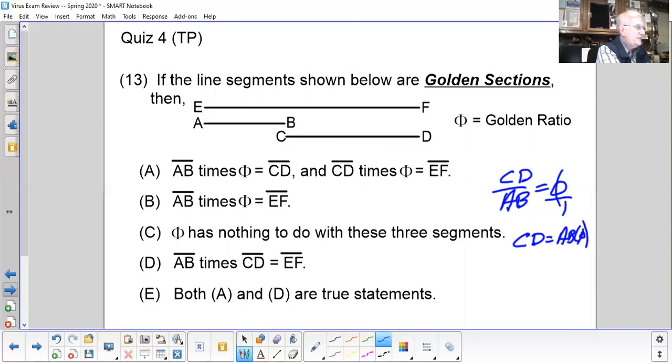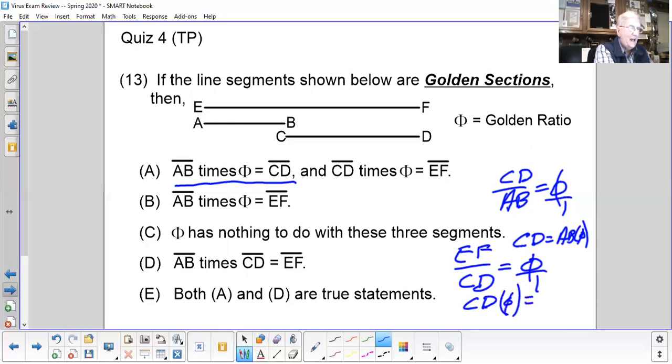And notice that's what this says. Does CD times phi give you EF? If I take EF and divide it by CD, I should get phi. If I stick that over 1 and cross multiply, does CD times phi have to equal EF? Yeah, it does.